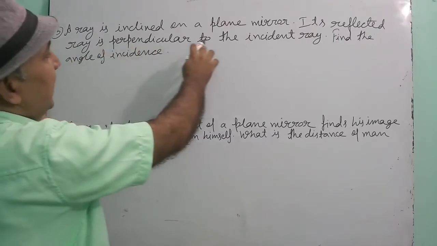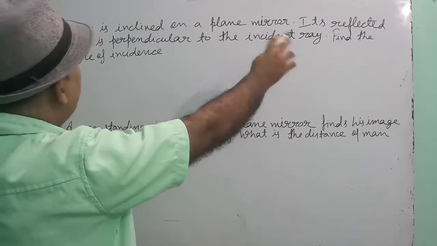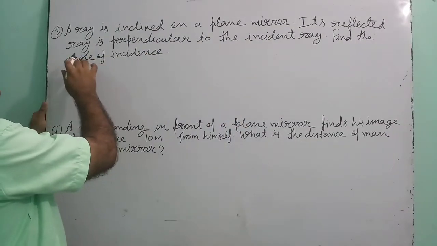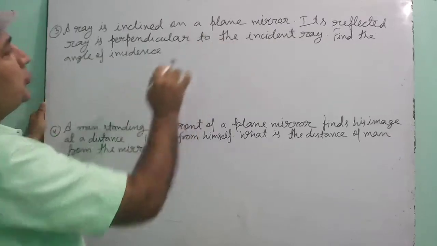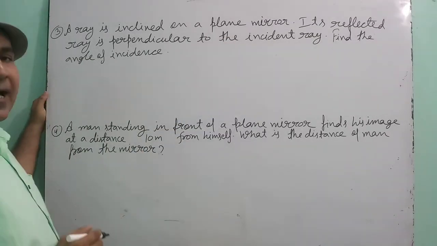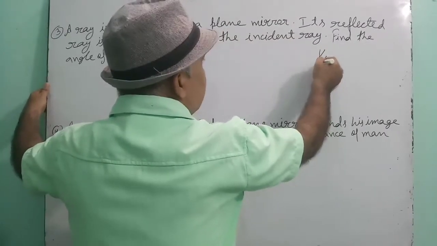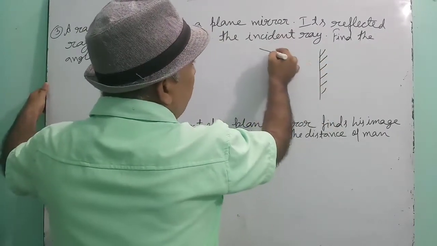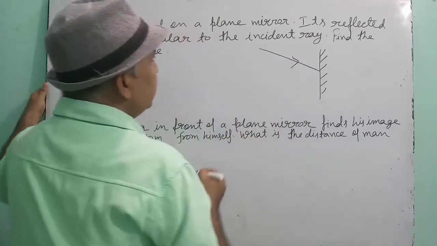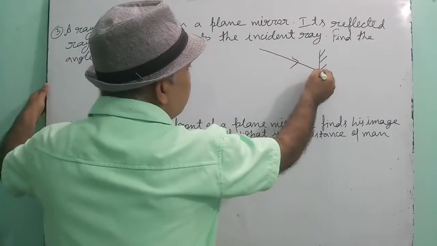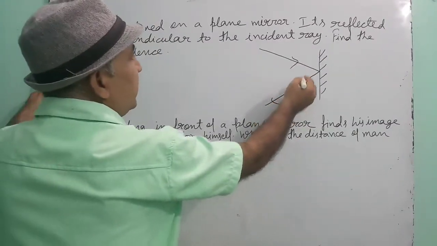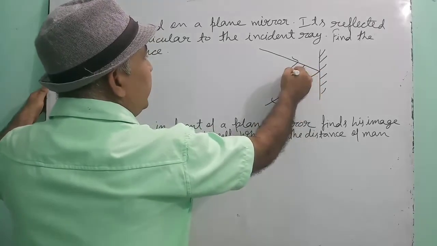A ray is incident on a plane mirror. Its reflected ray is perpendicular to the incident ray. Find the angle of incidence. See what the question is saying? Suppose this is a plane mirror. One ray is incident on it and its reflected ray. The reflected ray is perpendicular.